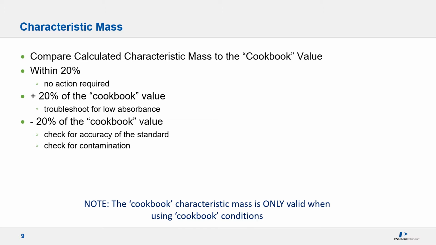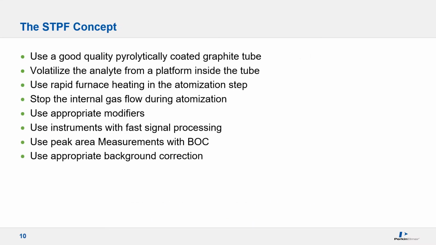During method development, it may be necessary to make significant changes to the default method to create an optimized program. Now that we've discussed some considerations for setup and optimization, let's move on to the stabilized temperature platform concept. In reality, this evolved over several years of development.